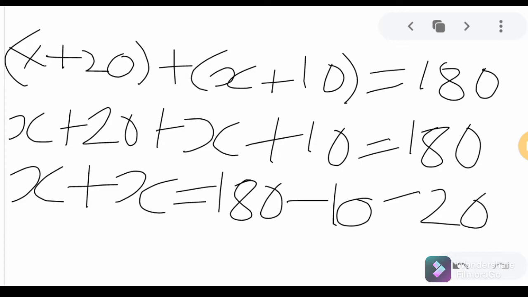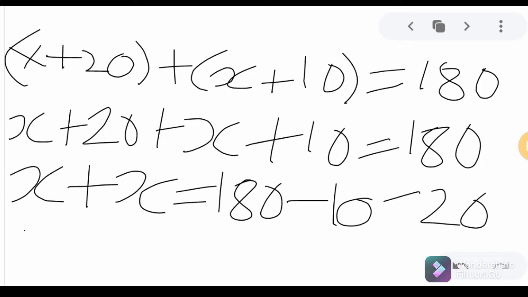The reason why this 10 and 20 turn to minus signs is that when a number goes over the equal sign, it changes its symbol from plus to minus, from minus to plus. So since we had it as plus, it becomes minus.